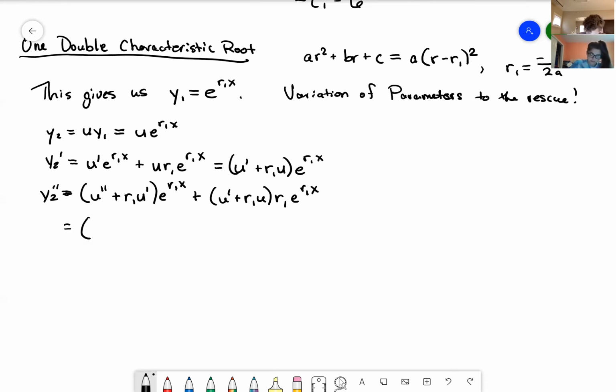Of course, e to the r1 x is going to factor out of both of these. And so I'll have a u double prime, then collect the u primes together. I get an r1 u prime here, and then an r1 u prime here. So this will be 2 r1 u prime. And then I get an r1 times r1 times u, so that's r1 squared u, times e to the r1 x.